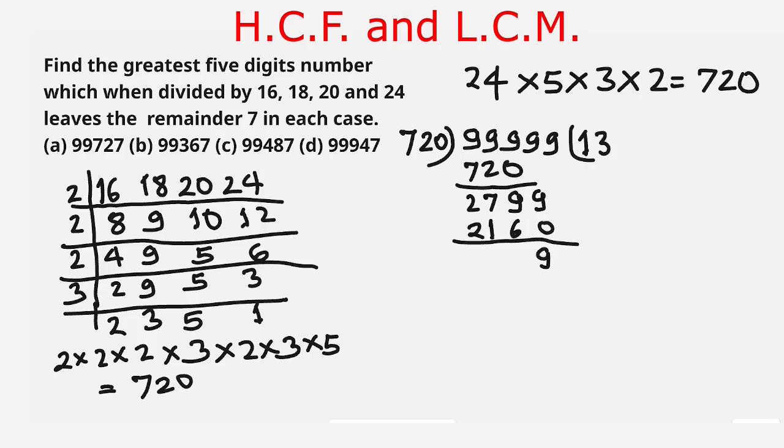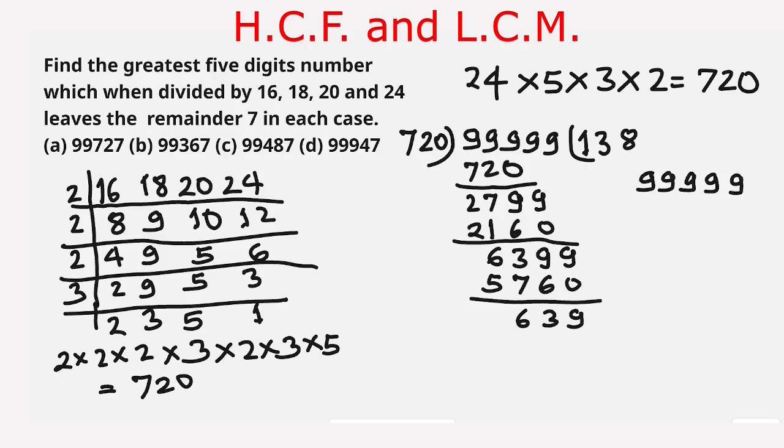On subtracting we get 9 minus 0 is 9. 9 minus 6 is 3. 7 minus 1 is 6. And 2 minus 2 is 0. We carry 9 from above. 720 divides 6399 for 8 times. 8 times 720 is 5760.